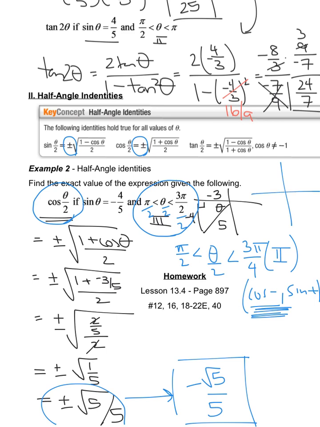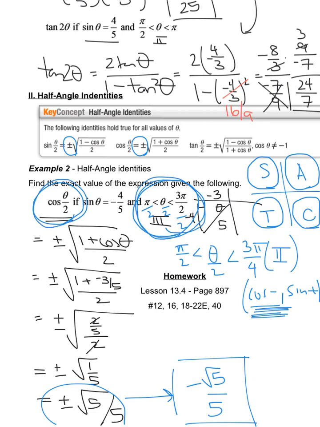Reminder, when we're trying to figure out what quadrant it's in, it's always good to keep in mind the all students take calculus idea, where all of our trig ratios are positive here. Sine is the only positive trig ratio in quadrant 2. Tangent's the only positive trig ratio in quadrant 3. And only cosine is the positive trig ratio in quadrant 4. But again, with these problems, we need to figure out not where theta is, like stated initially, we need to figure out where theta over 2 is.